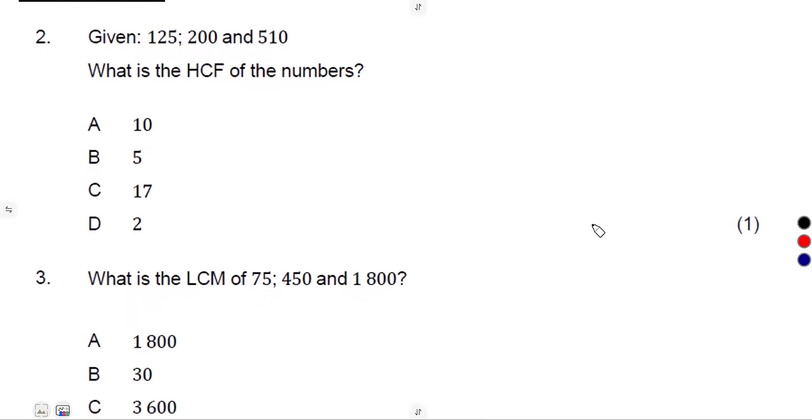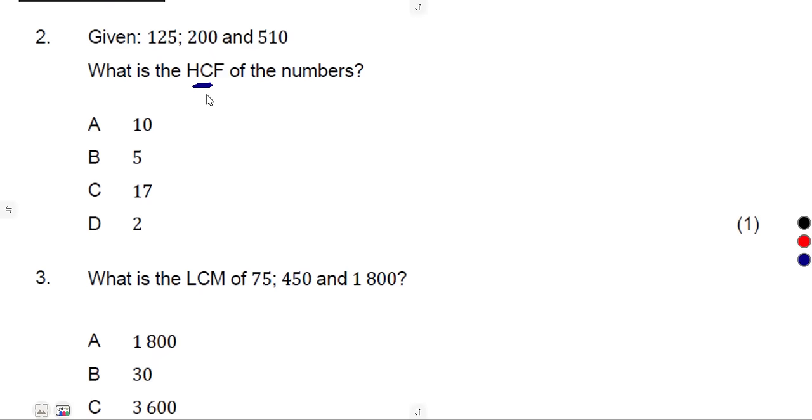Given these numbers, what is the HCF of the numbers, the highest common factor? Because we are given a condition where the calculations are needed before opting for the correct option, we are supposed to work out the product of prime factors of the given numbers.